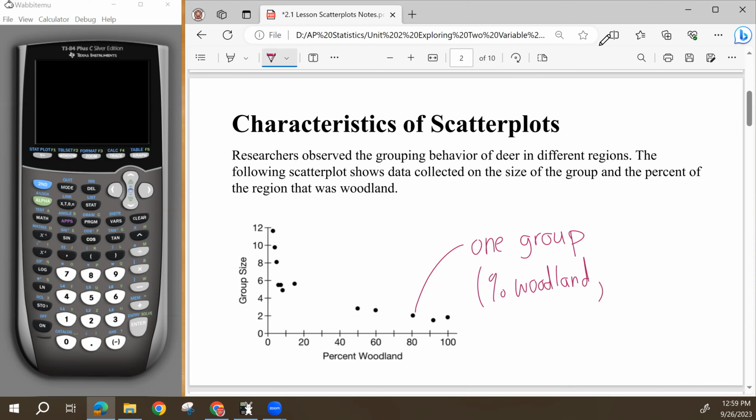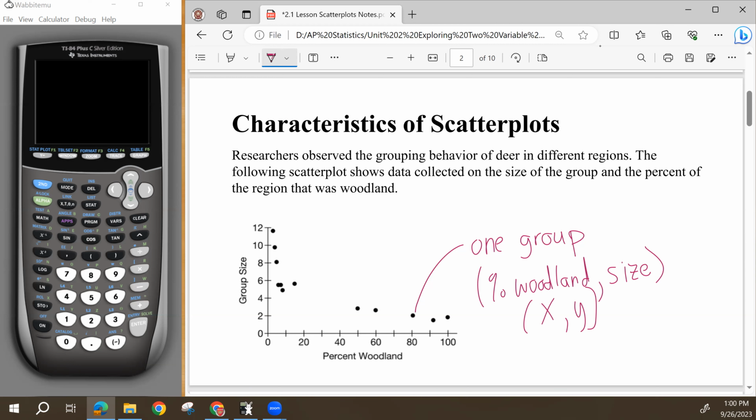And then the second value would be the size of that group of deer. And so you would know these traditionally as X and Y. And so each data point, the X and the Y, the percent of woodland, the size, they specifically go together.